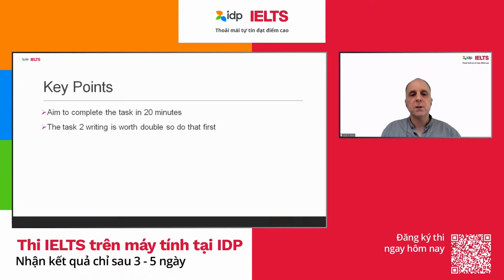Task 2 writing is worth double, so do that one first. Now, I always recommend to do task 2 first. You don't have to. But remember, if it's worth more, try to do that first. If you're not quite finished in 40 minutes, go to task 1, make sure you've got that completed, and then go back as well.